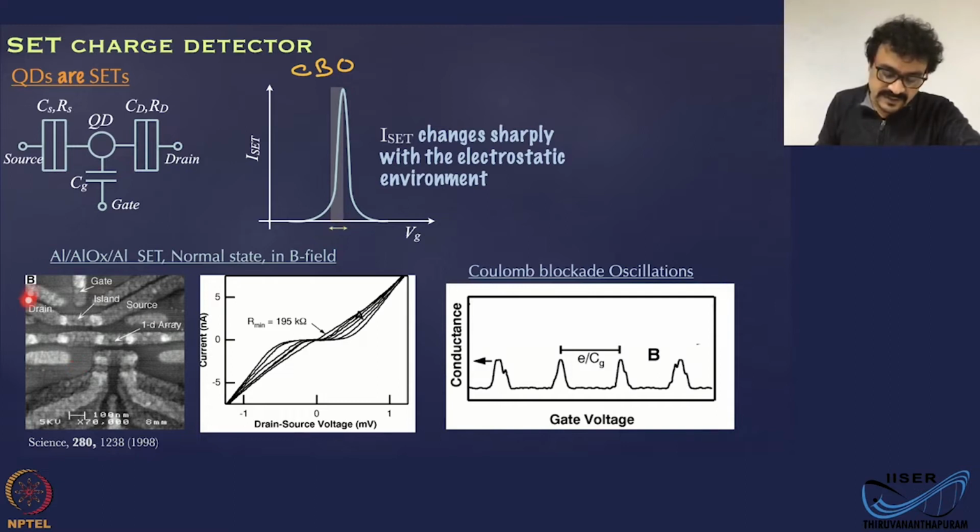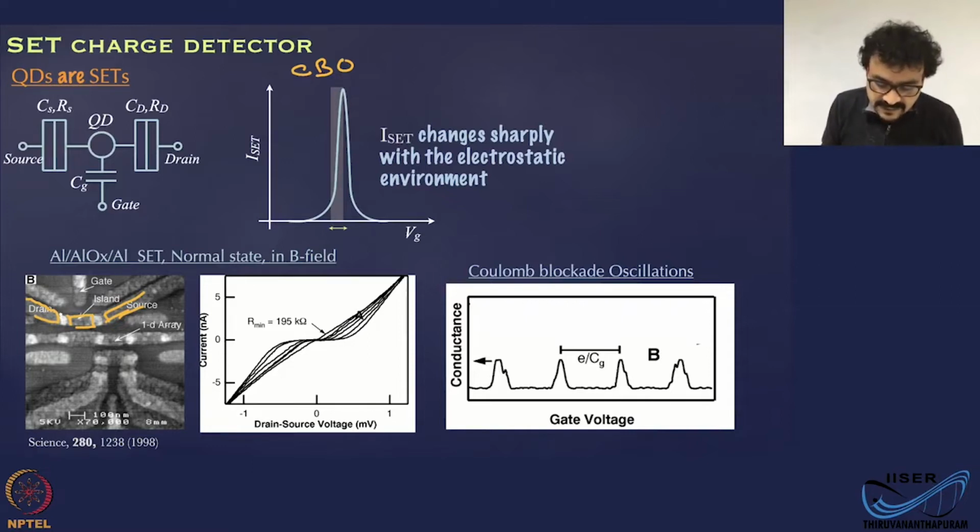Here is a SEM micrograph, scanning electron microscope picture of an aluminum oxide aluminum tunnel junction system or single electron transistor, which is basically turned in normal state by the application of a magnetic field. So this system shown here is a single electron transistor that we are referring to, where we have two tunnel junctions here.